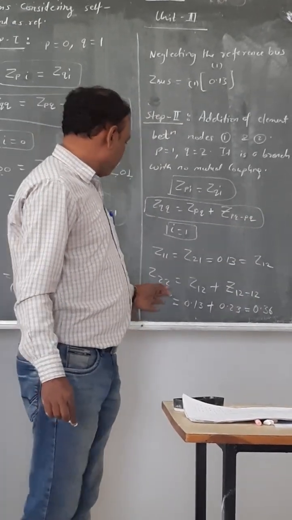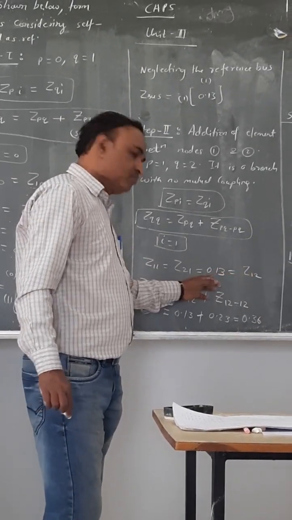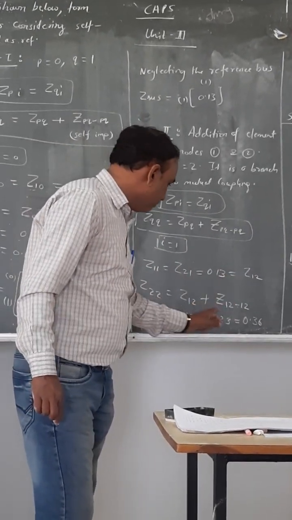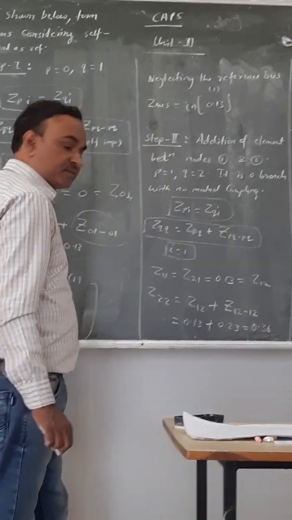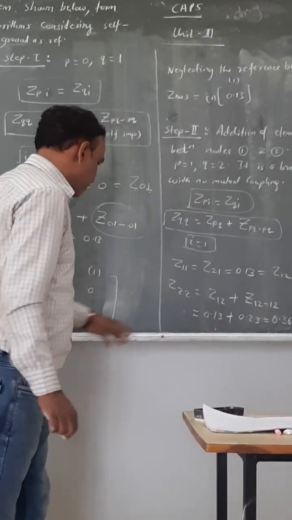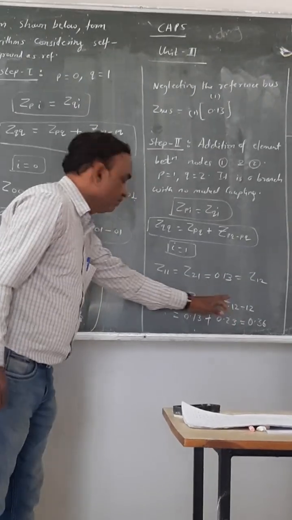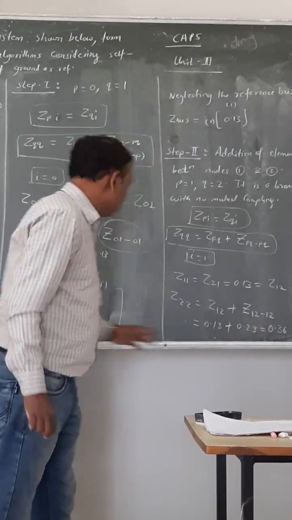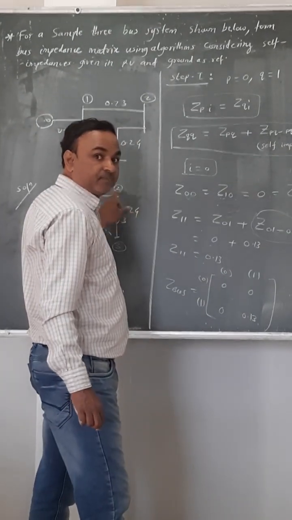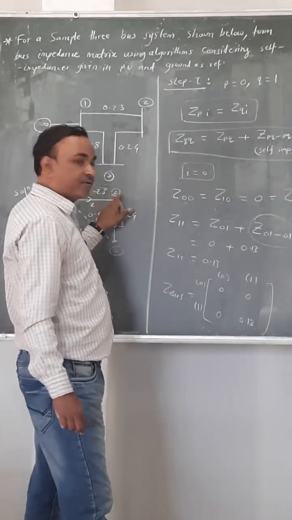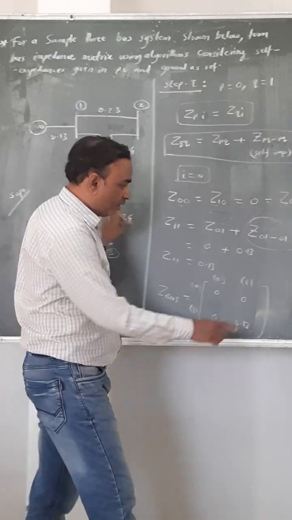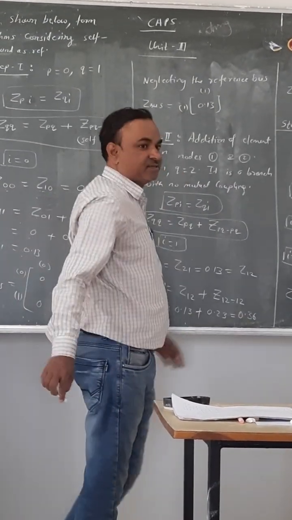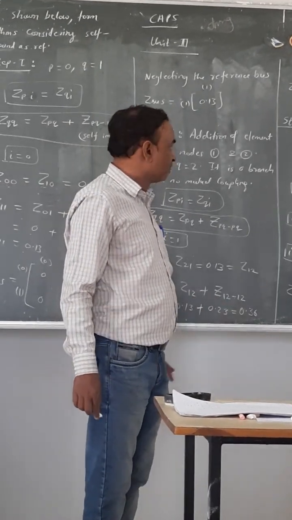Now we know the value of Z12, 0.13. This value we will take from the figure. Always remember that this value we will take from the figure, between the nodes 1 and 2, P equal to 1 and Q equal to 2. What is the value? 0.23. Now add these values. You will get 0.36. Answer will be 0.36. Is it clear?